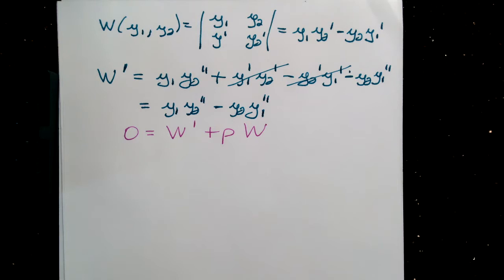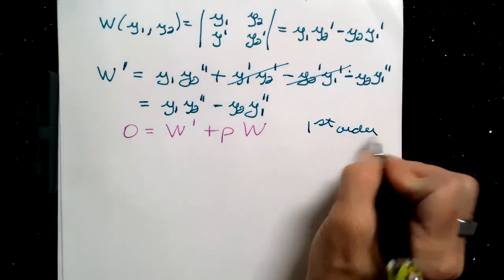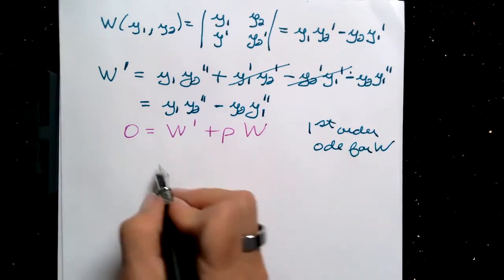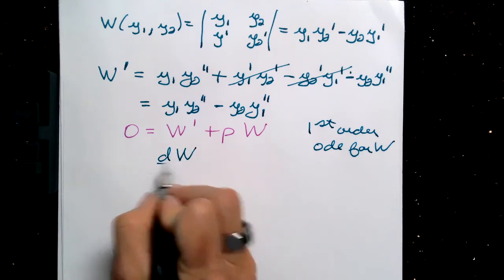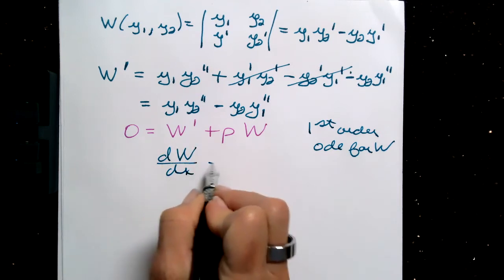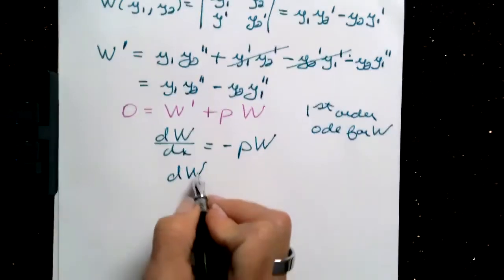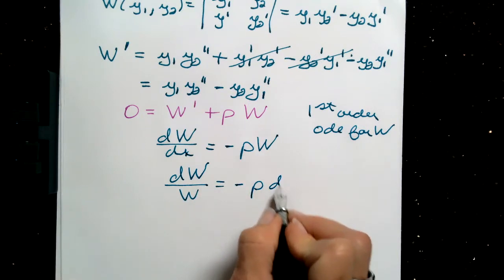Well, that's a first order ODE for W. And moreover, it's separable, so let's separate it. So this means dW/dx is equal to minus p times W, or rewriting that, dW over W is minus p dx.